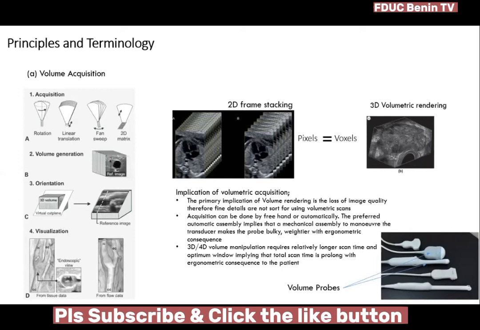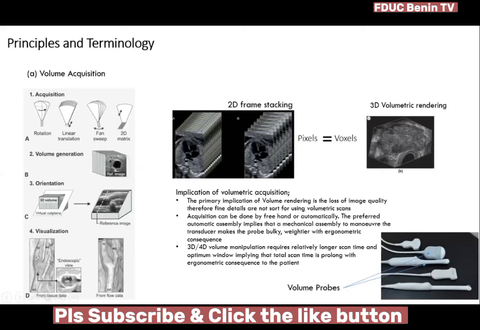4D algorithm. To acquire 3D and 4D images, basically our normal 2D images are being acquired in very rapid succession, and in computer terms, we say they are stacked together. So if you can see my cursor, this is a typical 2D frame.